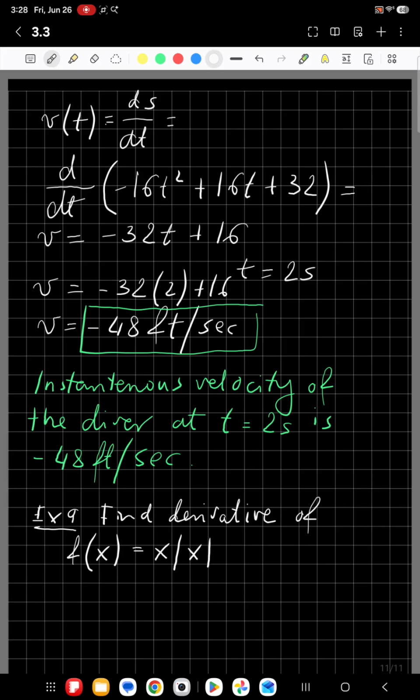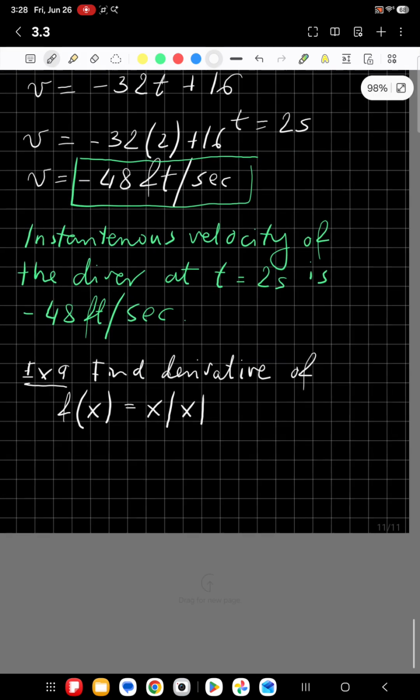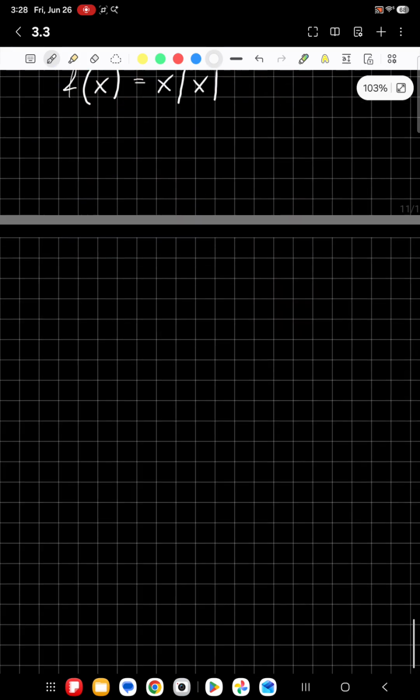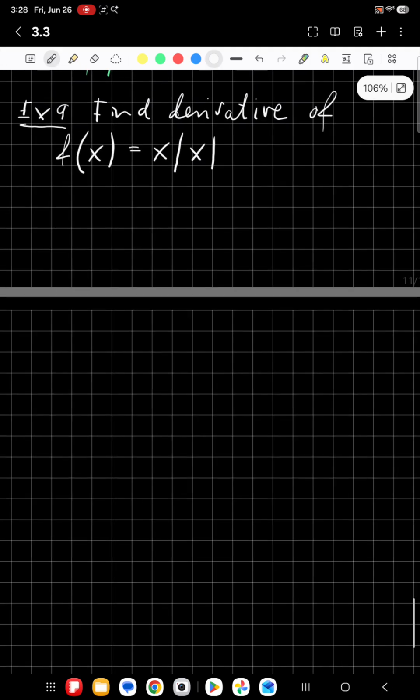Let me just remind you about absolute value. This is not just absolute value, this is x times absolute value.